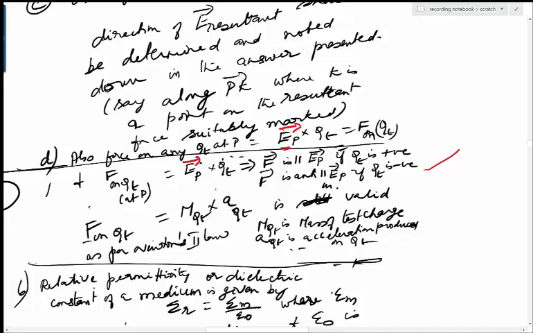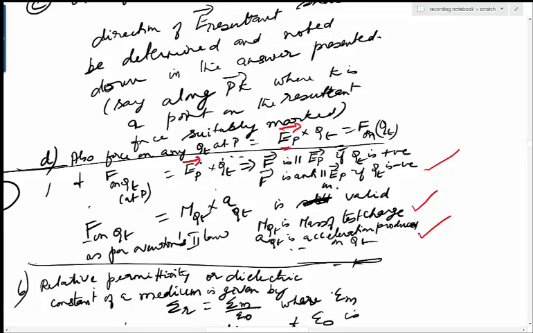Now you know F is equal to ma. That holds good even for electrostatic forces. So force on Qt equals mass of Qt into acceleration a, where m is the mass of the test charge and a is the acceleration produced on the test charge, as per Newton's second law applicable to all kinds of forces. So don't think electrostatic force will behave in a different way from what Newton has told about force.